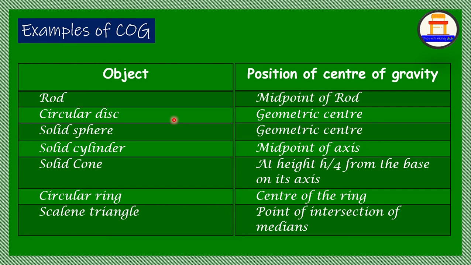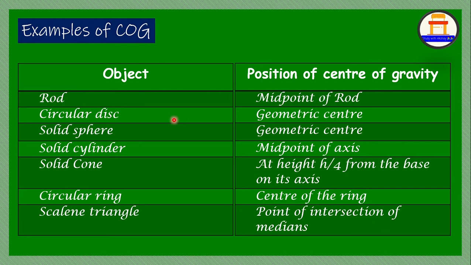Solid cone: it is h by 4 from the base of the axis, that is 1 by 4 of the height. So at the height h by 4 from the base along its axis is the position where the center of gravity of a cone is said to act.